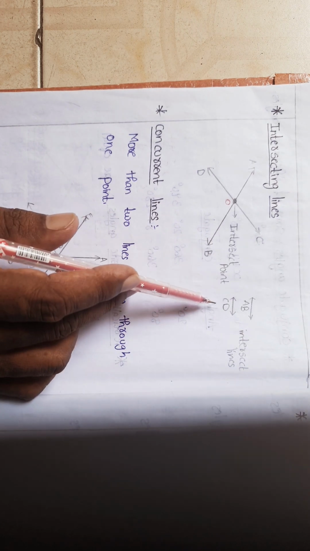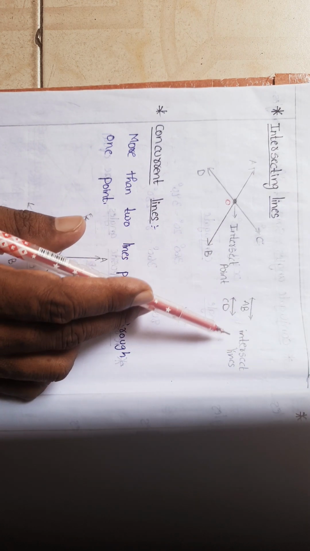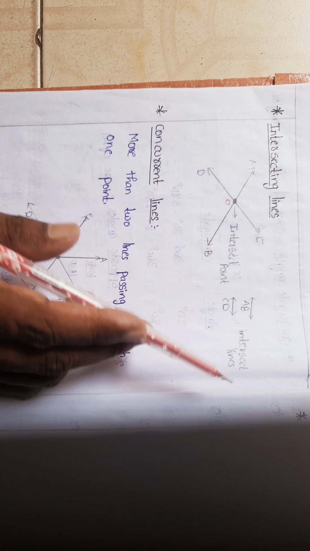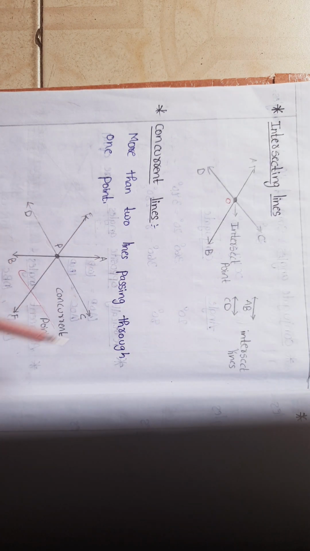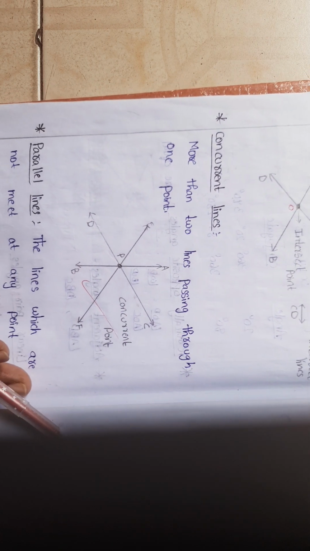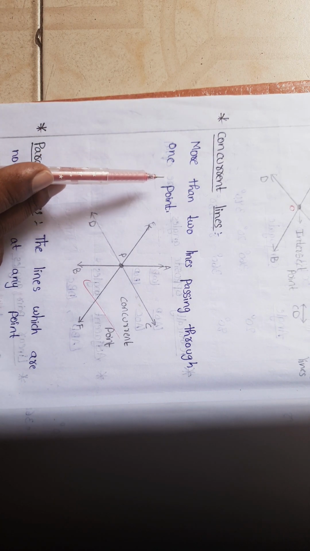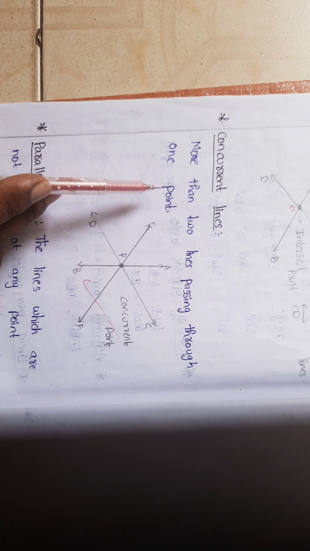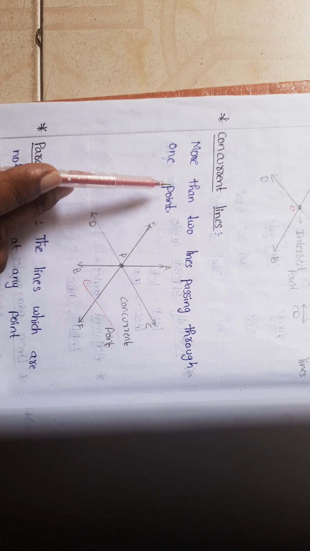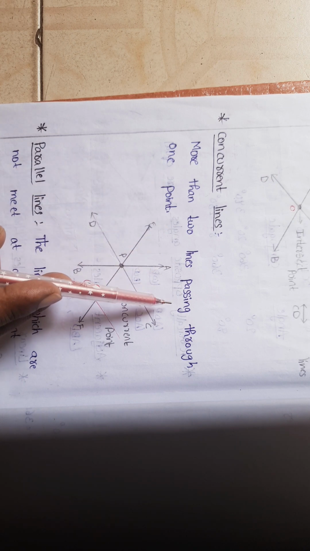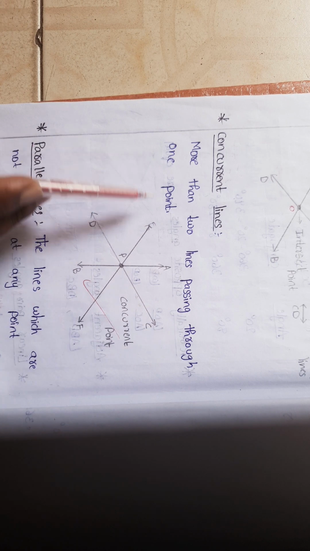Now AB and CD are two intersecting lines. What about concurrent lines? This concept will be used in higher classes also. More than two lines passing through one point.